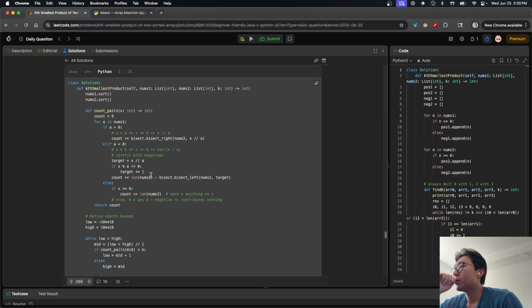I mean, target is this. If x mod a is not equal to 0, careful with that. Okay, ceil, ceil is fine. And count plus bisect left, but we want to insert that target number into nums2. We're going to find that number in nums2.